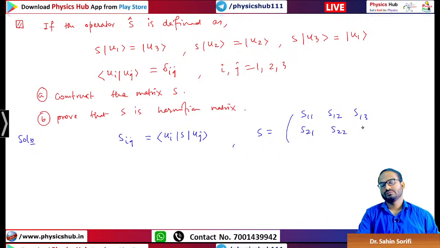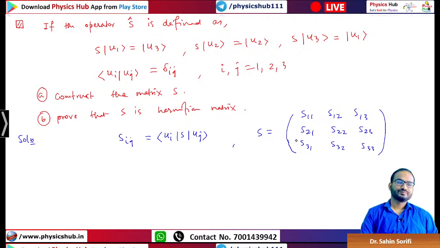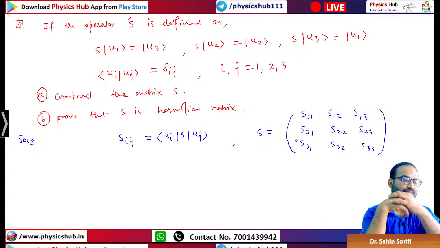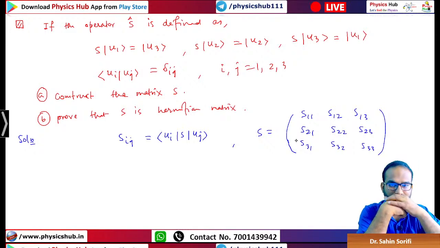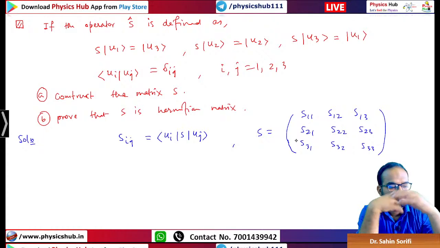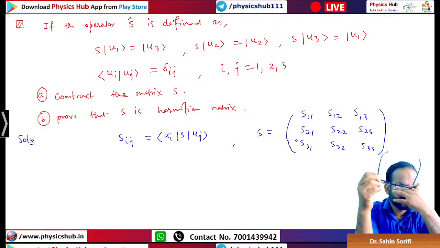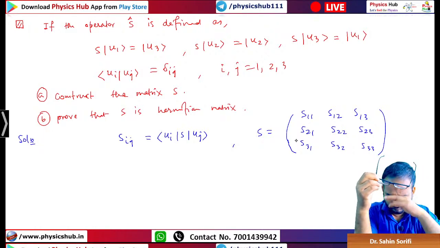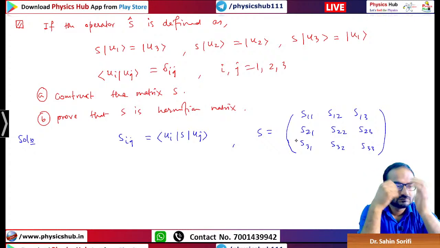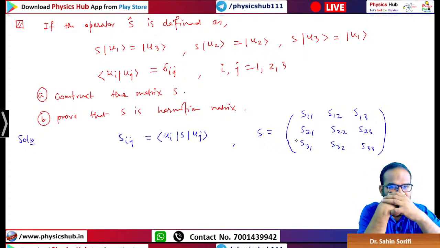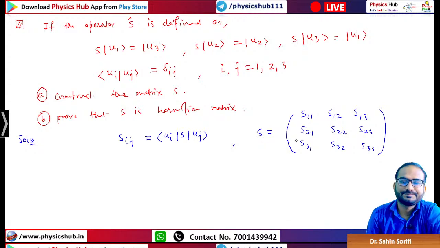S21, 22, 23, 31, 32, 33. So what you have to do is find out S11, S12, S13. Can you do it? This is the matrix element.